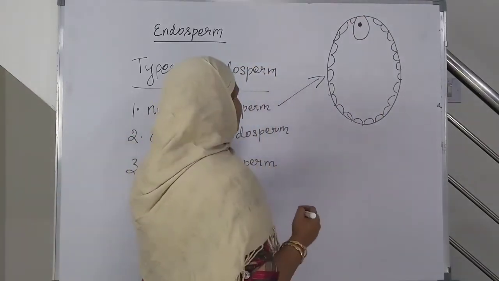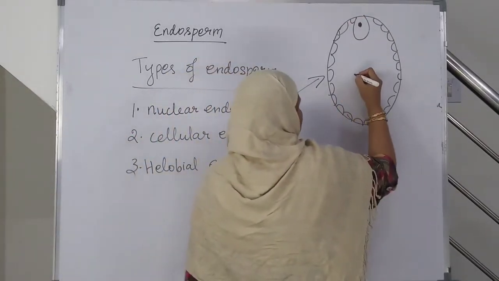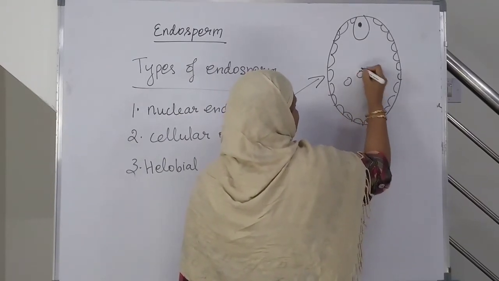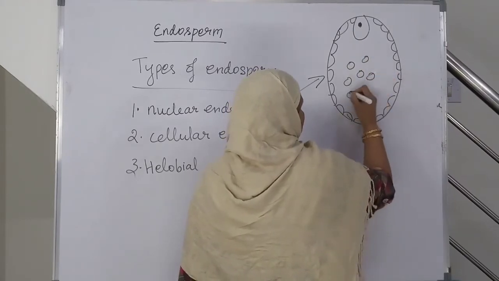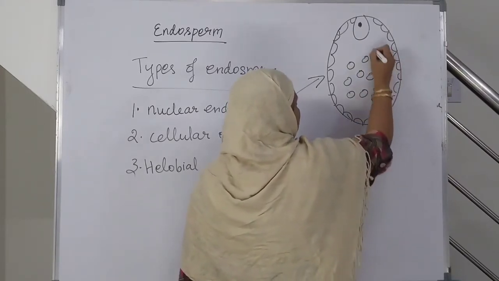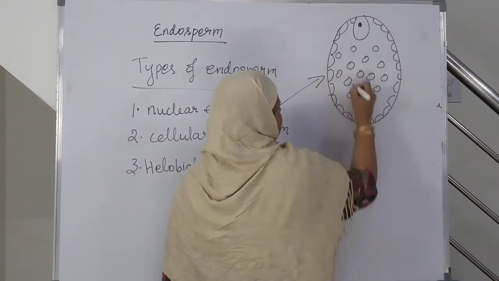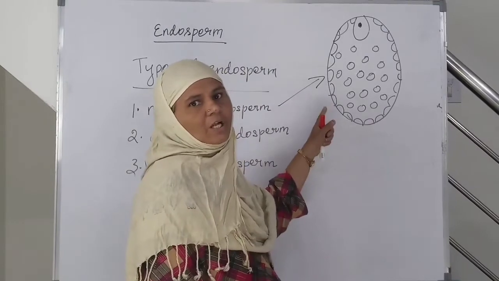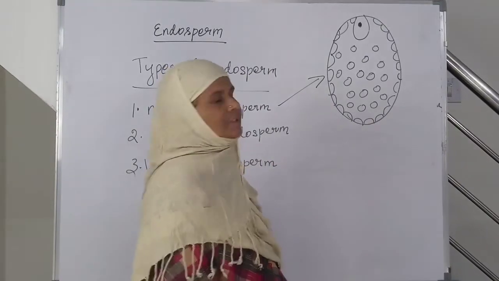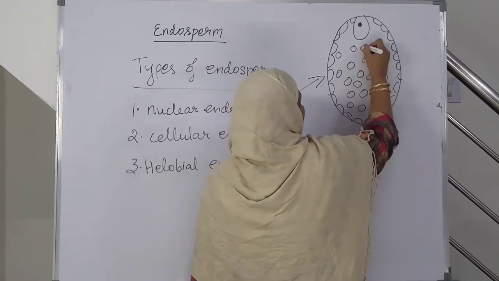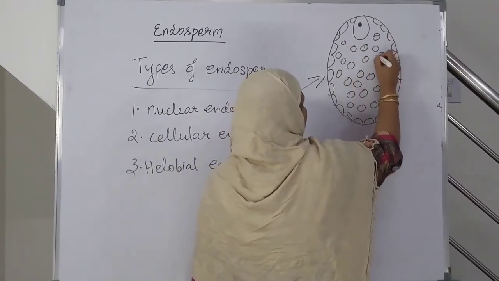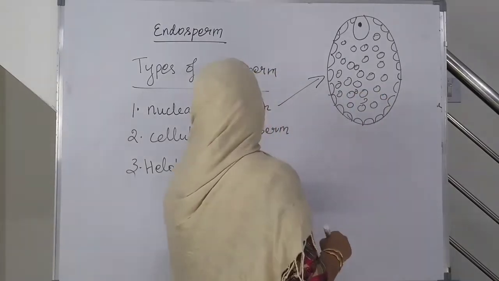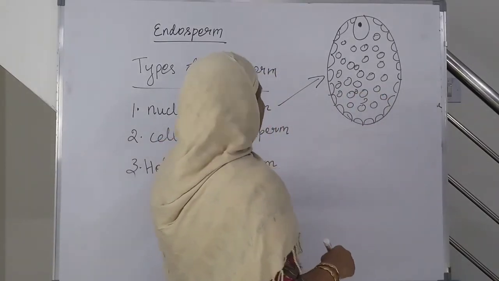The primary endosperm nucleus will start to divide, that is repeated mitotic divisions will occur, so that number of nuclei will be produced here. But there is no cell wall formation after the nuclear division. Only the nuclei exist in free condition within this. That is why it is called nuclear endosperm.